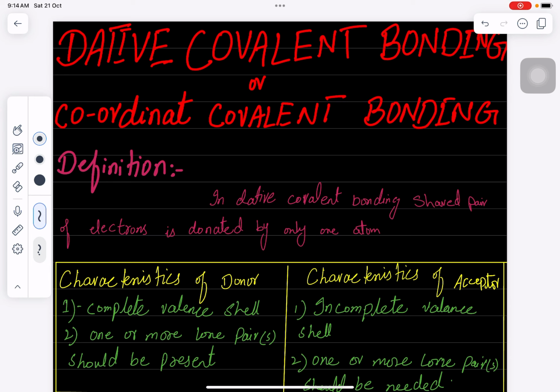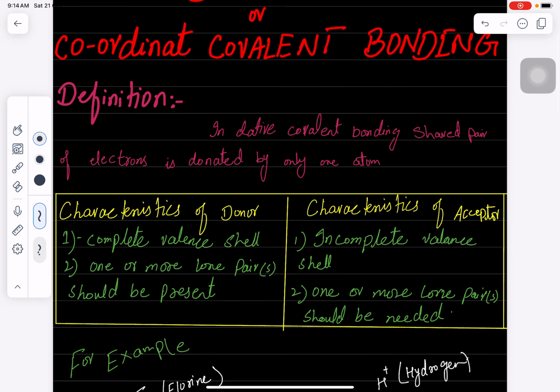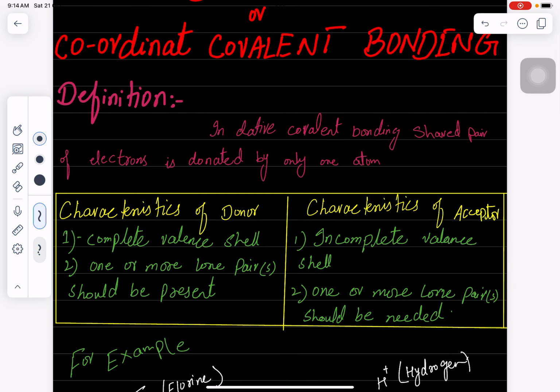But in dative covalent bonding, both the electrons are shared from one atom. Donor means the atom which donates its electrons, and acceptor means the atom which takes those electrons.